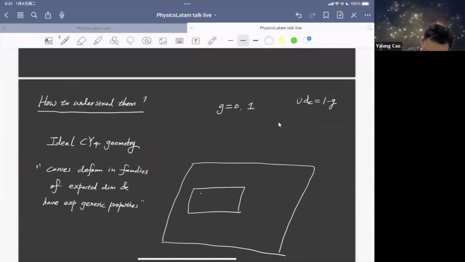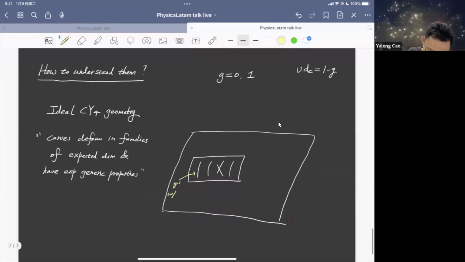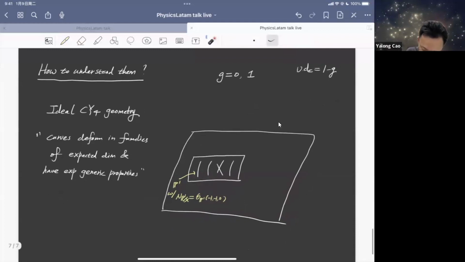For generic fibers, you see a smooth rational curve, a smooth P1, and they should have the generic normal bundle. In this case, the normal bundle should be -1, -1, 0. And at some special fibers, it can degenerate to a reducible curve with two irreducible components, and each component is a P1 with a similar normal bundle.